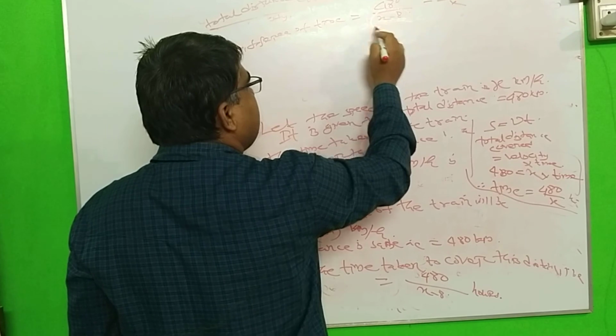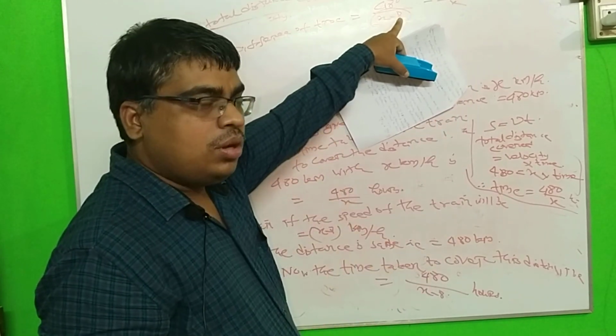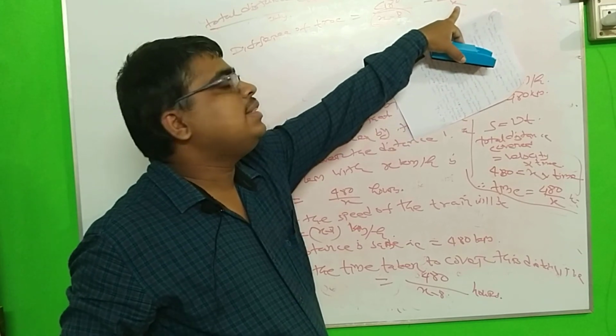Here x minus 8 is small and x is a large number.